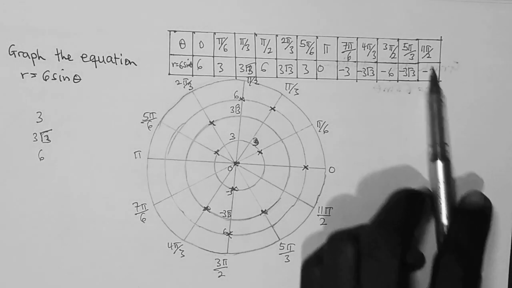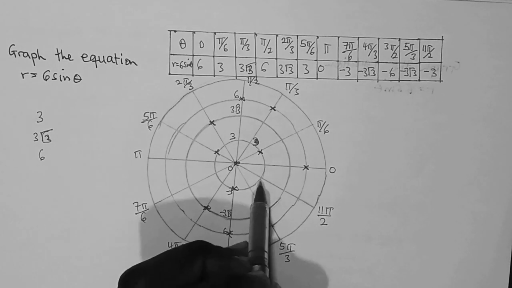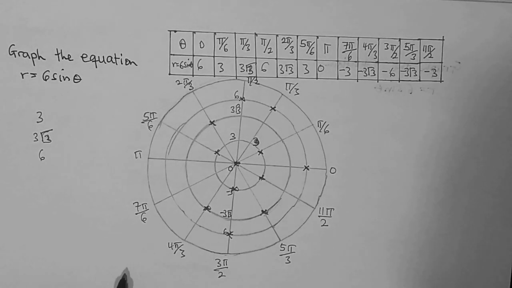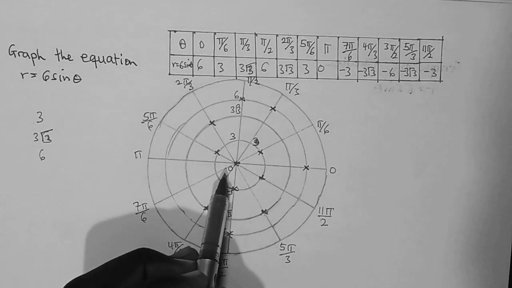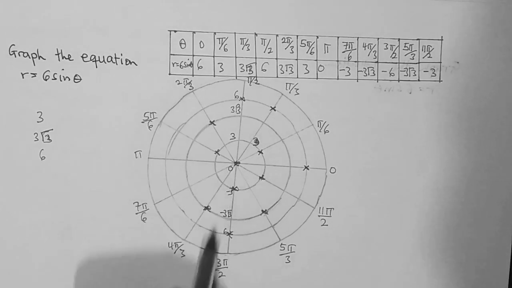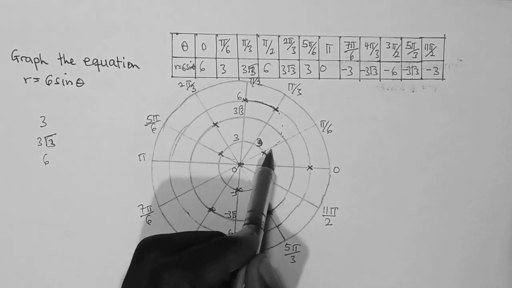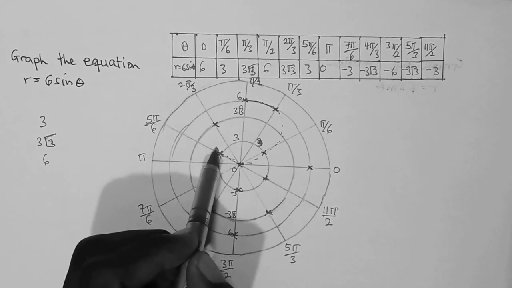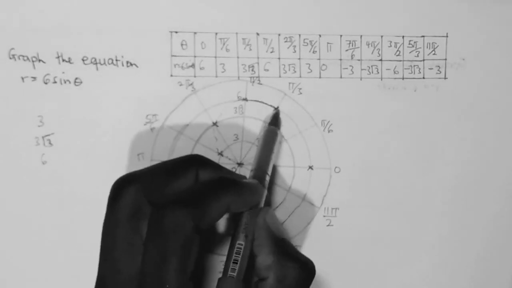And then 11 pi over 6 and minus 3. It's here. So you can see that if we join them, it's going to be a circle that has center (0, 3). So we are going to get the circle.